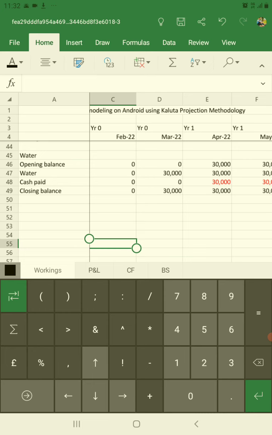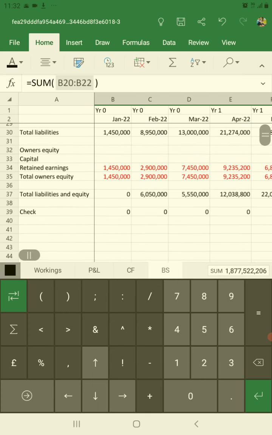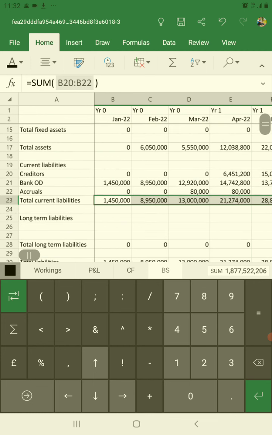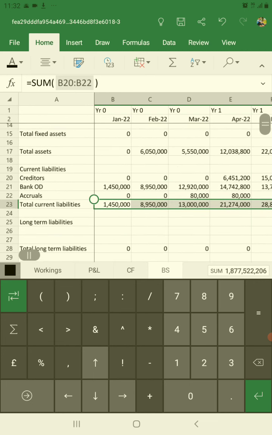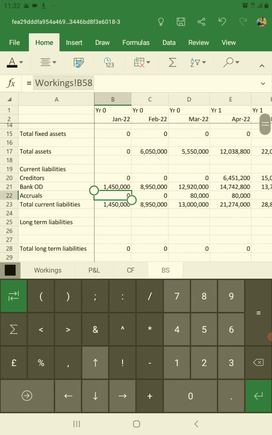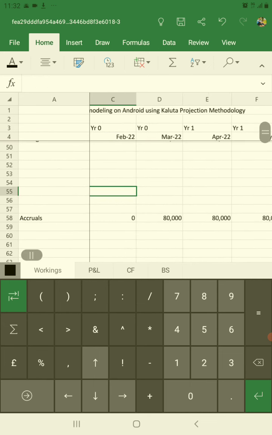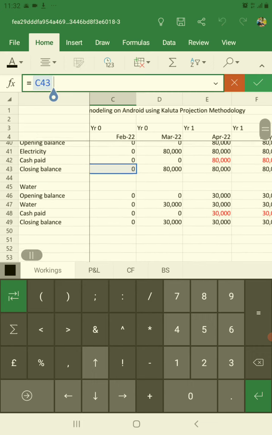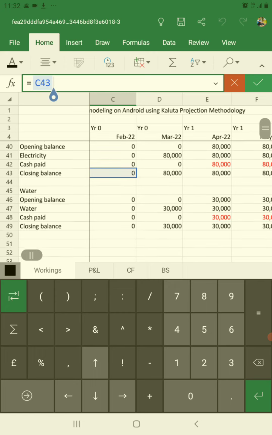So what is not happening, that this fact is not captured in my balance sheet? Accrual only 80 here, while accrual was supposed to be, let me do it. My accrual now, if I go back to workings here, is supposed to be C43 for water plus this balance for electricity plus this balance for water.